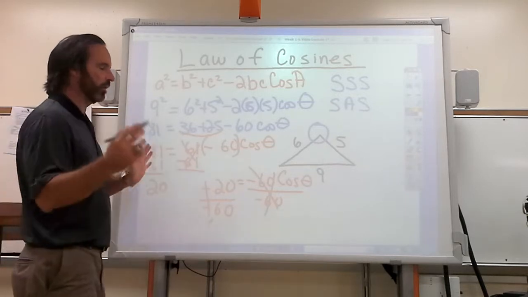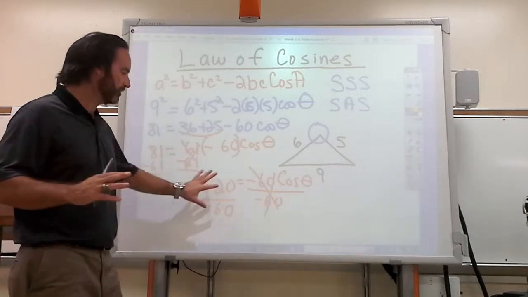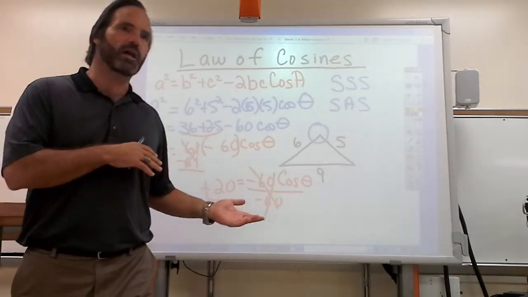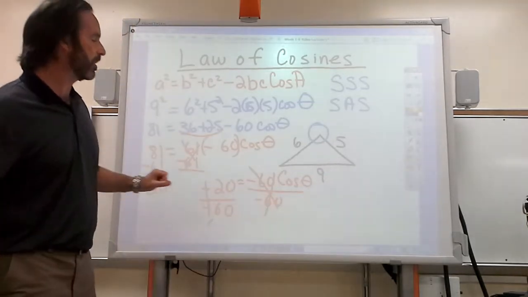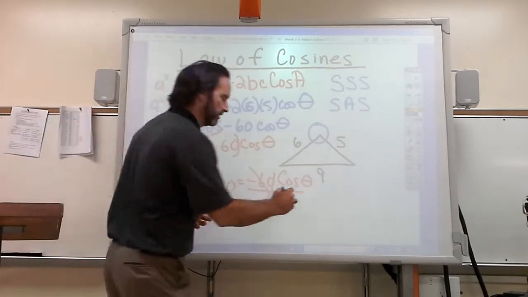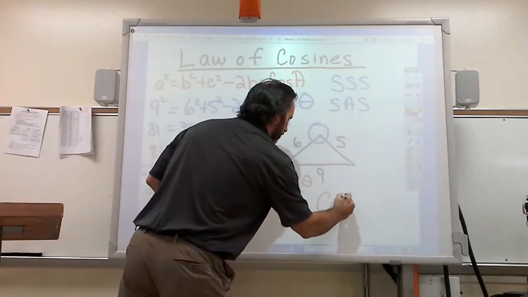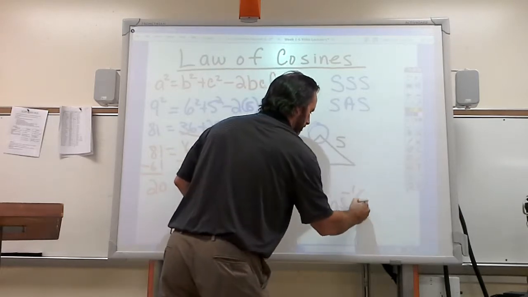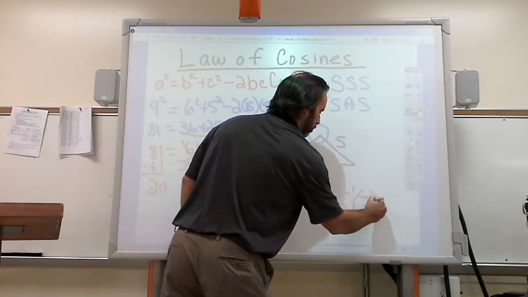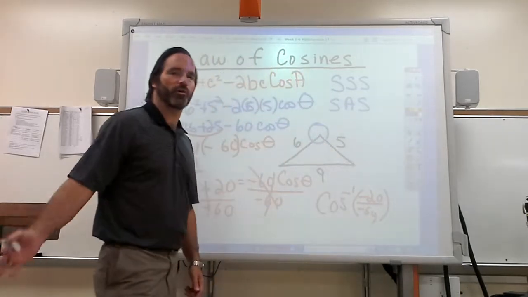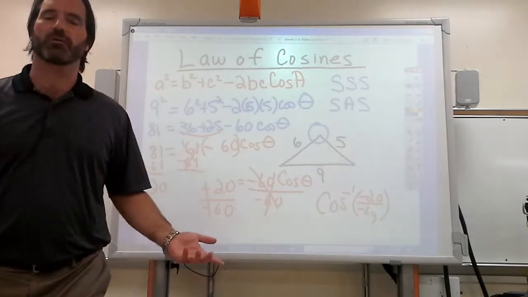You can put that whole thing in the calculator. I don't care if you don't recognize how to reduce it. So cosine of theta equals this, and finally we do inverse cosine of negative 20 over negative 60, which is really just 1/3, and that'll give us our angle.